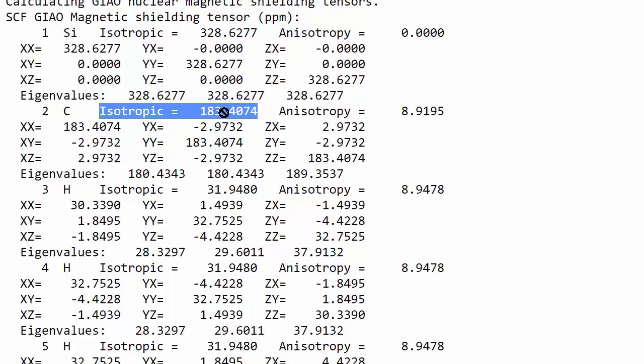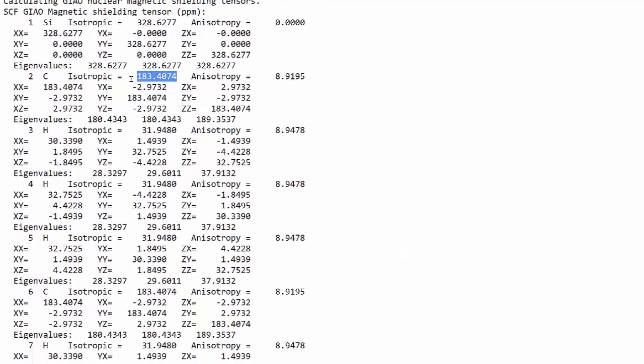The value is for the raw shielding, which is just a measure of how well the electrons are shielding that particular nucleus. So for carbon, it's 183. For a proton, it's around 32 parts per million. So these values are the raw shielding for a reference like TMS.